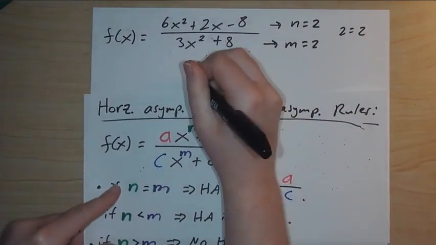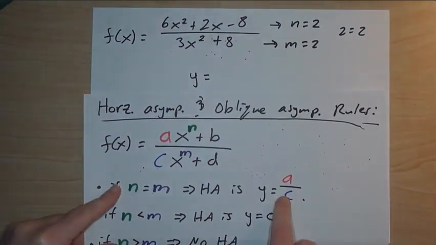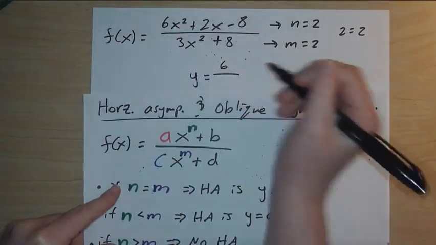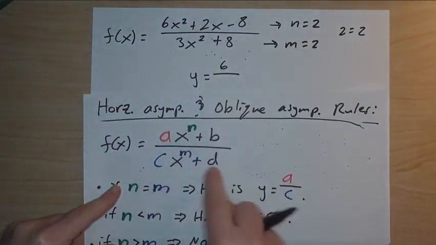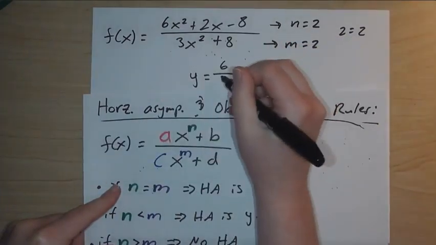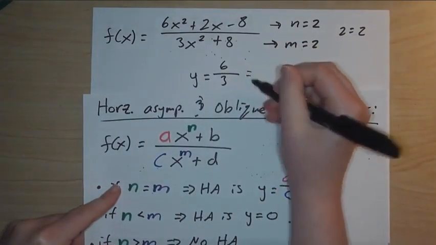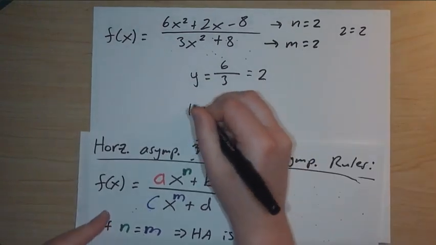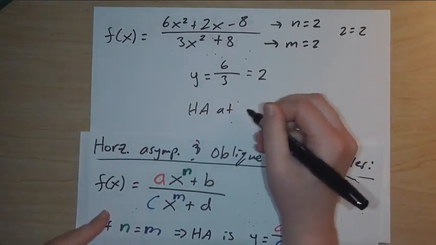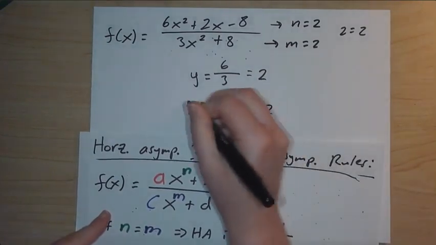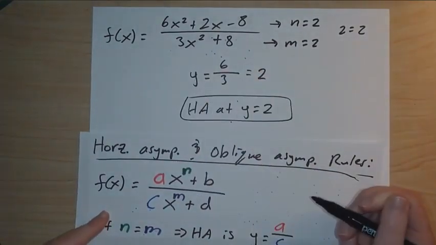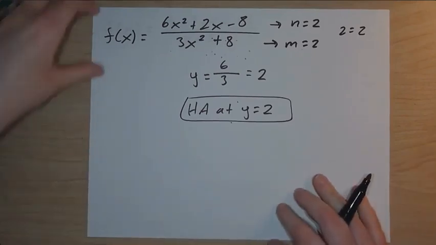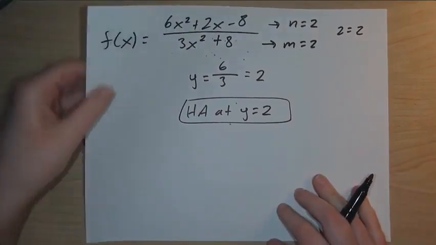So it's going to be y equals 6 over our c, which is 3. And we can simplify that. 6 divided by 3 is 2. So we have a horizontal asymptote at y is equal to 2, right? So that's our second example.